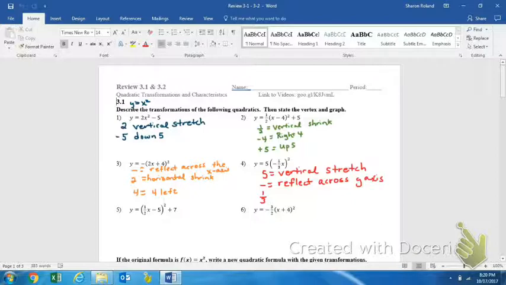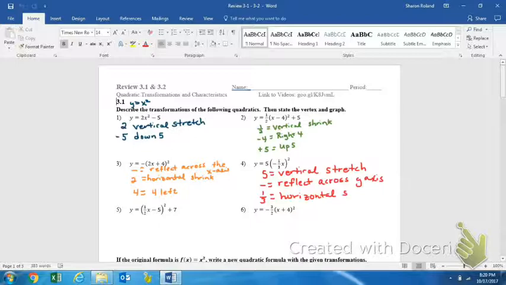And the 1/3 is in front of the x inside the function, which means that it's a horizontal shrink.